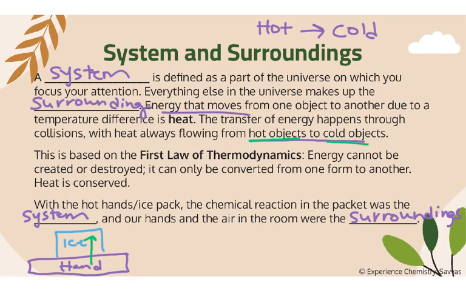With that, we could tell that that ice pack got colder because we can feel that heat energy leaving our hand and going into the ice pack, because that ice pack had that cold reaction inside. And so we were using our hand to measure what was happening. In that case, the ice pack and the reaction inside is our system, what we were focusing on.